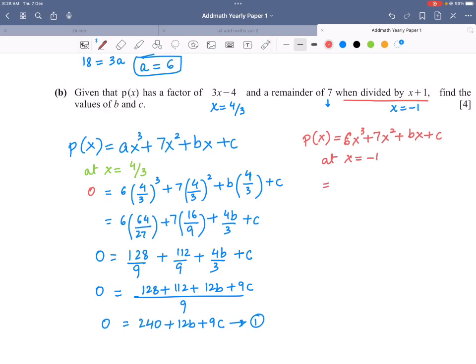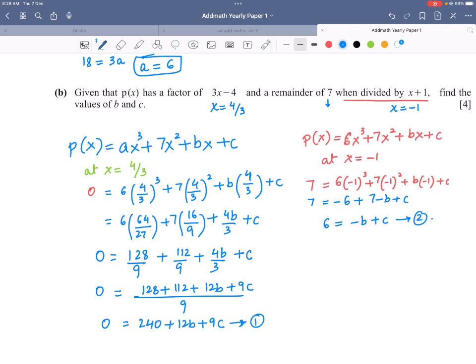It will be 6 times (negative 1) cubed plus 7 times (negative 1) squared plus b times negative 1 plus c, and the remainder is 7. Simplifying further, it will be minus 6 plus 7 minus b plus c equals 7. 7 cancels, 6 equals minus b plus c, that is your second equation.